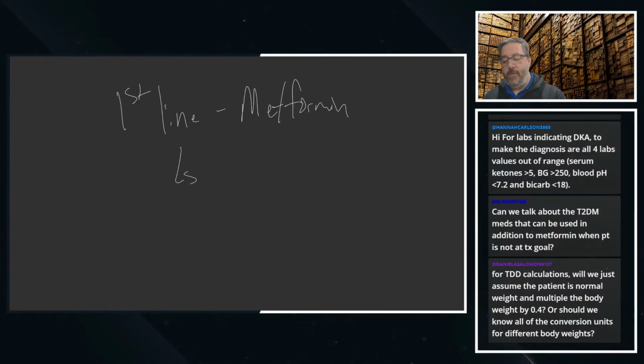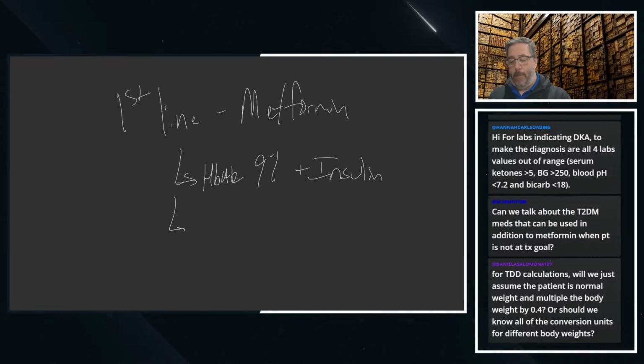Depending on how severe that A1C is, if it's creeping up around that 9%, we will add insulin to that. If that A1C is less than 9, but they're not really at goal, add glyburide.